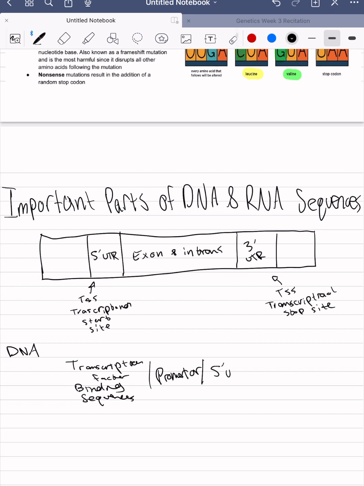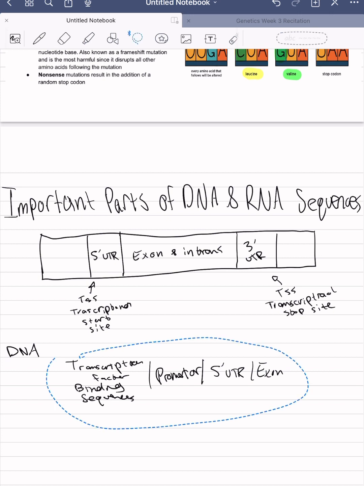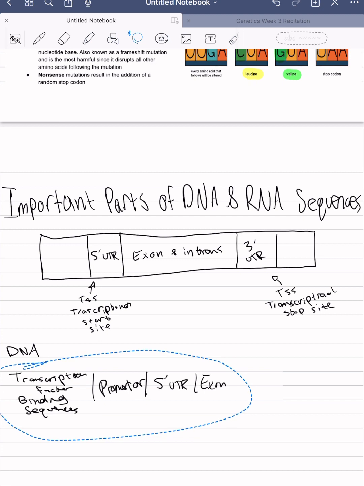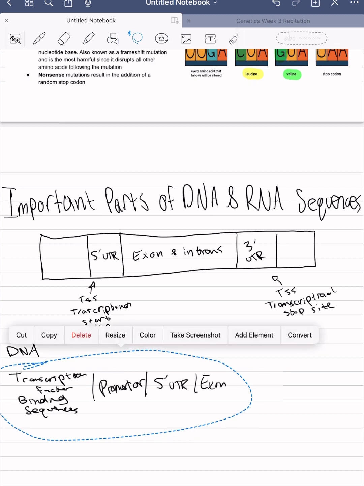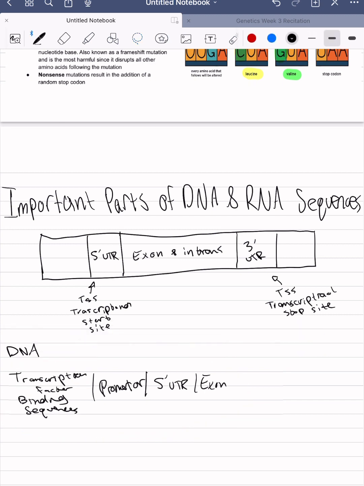We have the 5' UTR, an exon, we have an intron, we have another exon, we have a stop codon, and we have a 3' untranslated region with the transcriptional stop site.